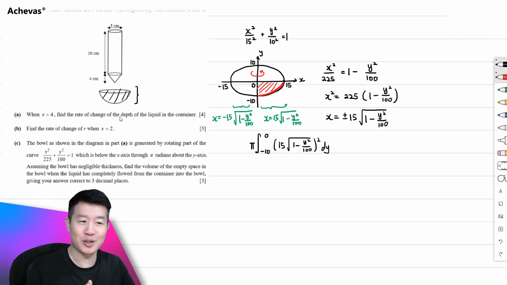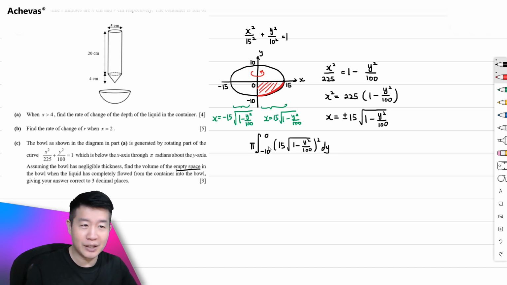but this is not what the question asks for. The question is asking for the empty space, the empty space after all the water is dispensed into the bowl. And according to the question, the water went all the way up to fill the entire cylinder, to fill the entire container. So the entire volume is going to be drained into the bowl.